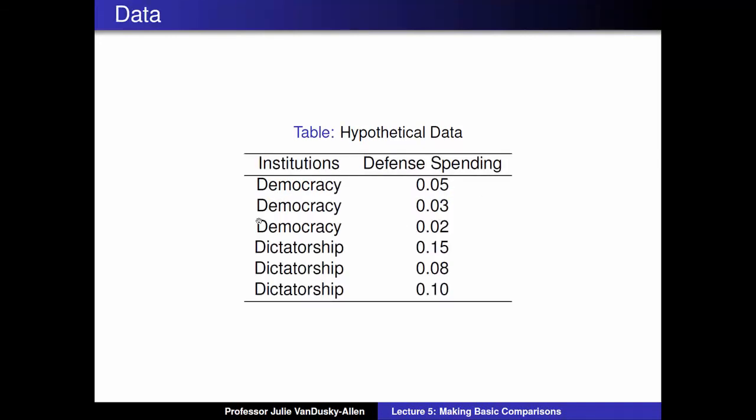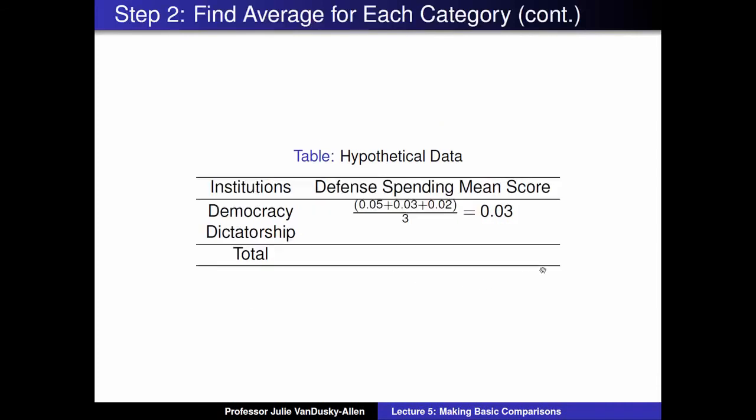For the dictatorship category, the calculation will be 0.15 plus 0.08 plus 0.10, and that value divided by 3 for 3 observations. Hence, the average defense spending as a proportion of GDP for dictatorships is 0.11.